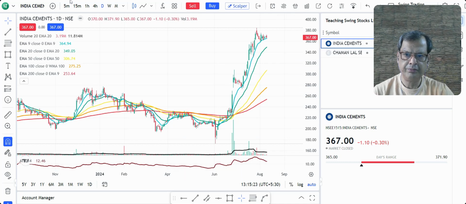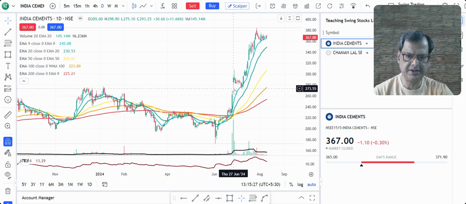And if you see, there is a candle here, and they've got huge volumes in this candle, and they decide to make an entry after this candle. This candle is the 27th of June candle, and they decide to go above the high of this candle.